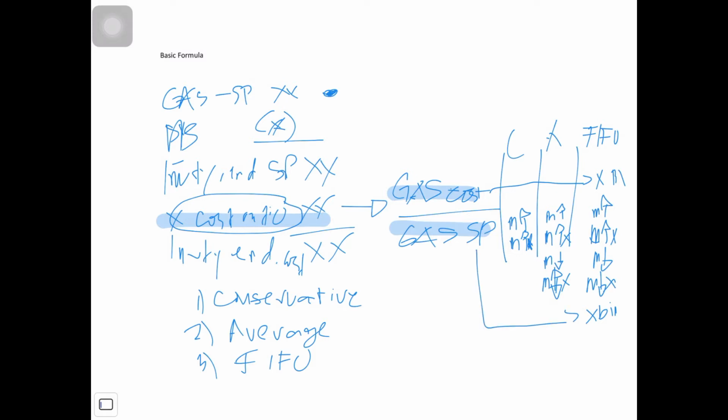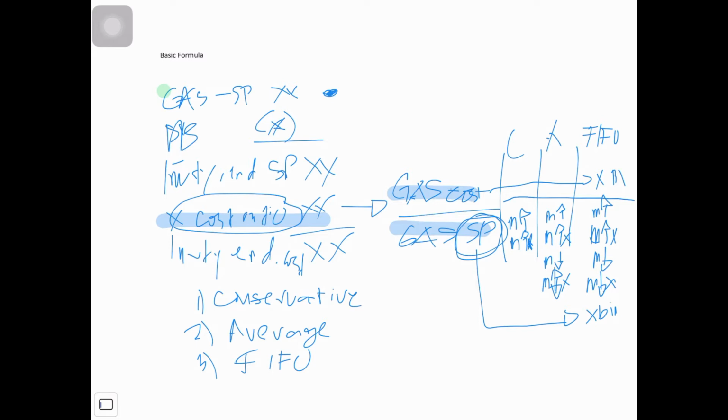Markup and markdown are for the selling price of the goods available for sale, guys.